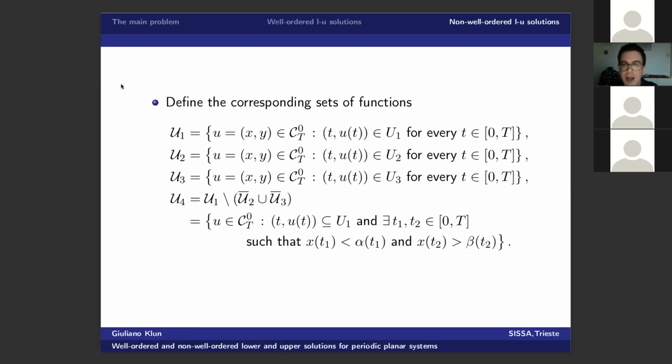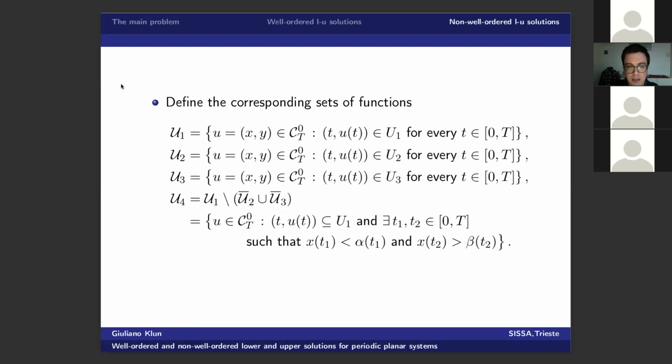And we define a fourth set, calligraphic U4, as U1 minus the union of the closure of U2 and U3.